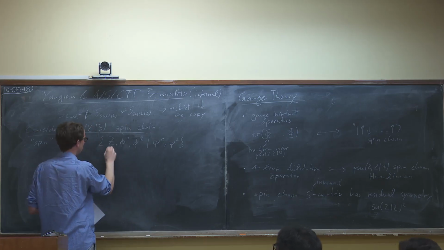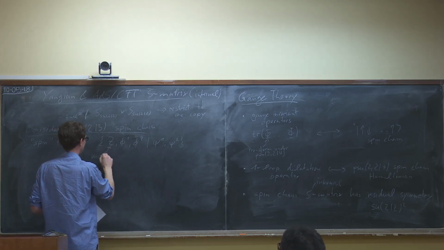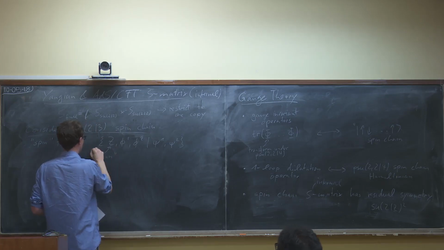And now I pick this scalar Z as the vacuum state of my spin chain.